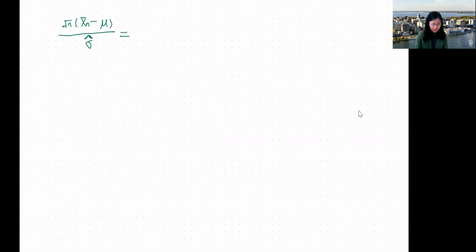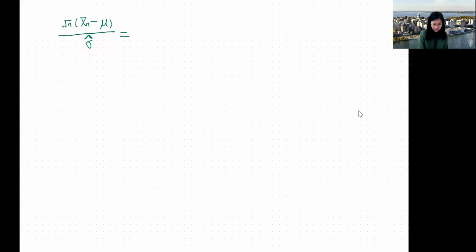So for today, what we want to study is root n (Xn bar minus mu) divided by sigma hat. We want to study whether replacing sigma by sigma hat, a consistent estimator, still gives us convergence in distribution to the standard normal.